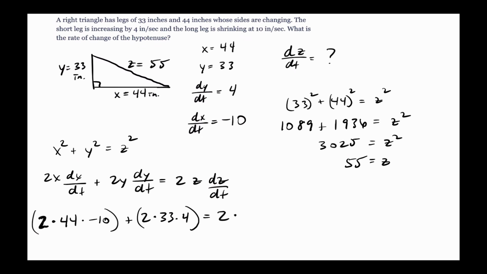I guess you could do it without a calculator because it's a 3, 4, 5 right triangle: if you divide all of them by 11, it's 3, 4, 5.